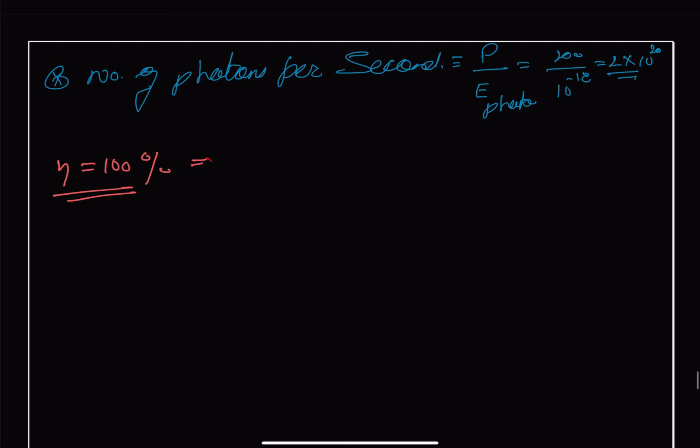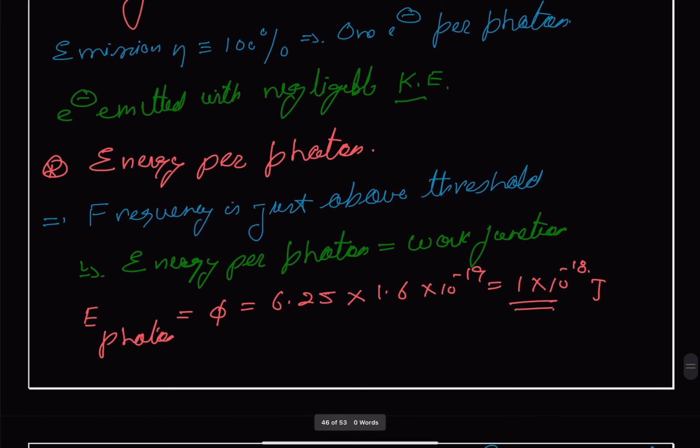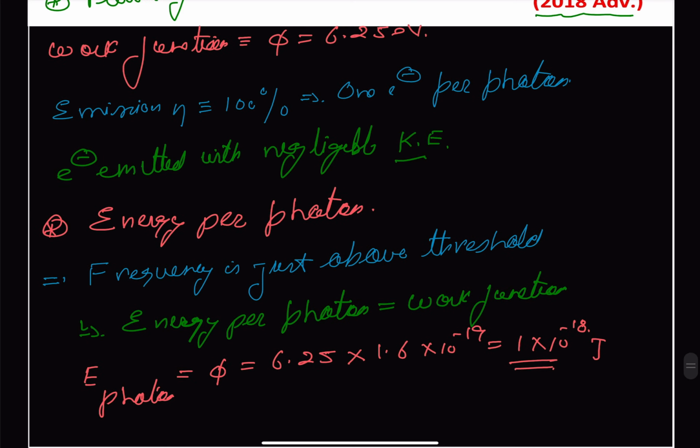Therefore, the same number of electrons are emitted per second, so the number of electrons per second will also be equal to 2 into 10 to the power 20, because 1 electron is emitted per photon.